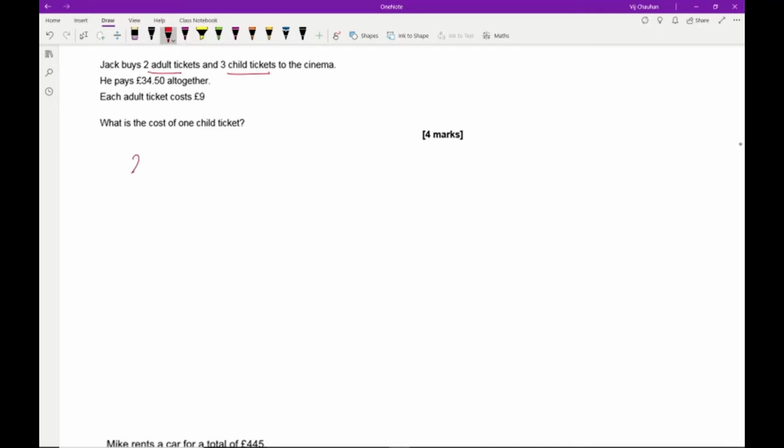So I'm going to call it 2A plus 3C, and it says that that came up to a total of £34.50. Now I know that the adult ticket costs £9, so A equals 9. So if I swap A equals 9 into this formula, remember this is 2 times 9, so it's going to be 2 times 9, which is 18, plus 3C equals £34.50.